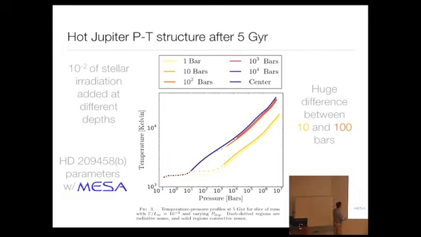What we see in these pressure temperature profiles is that there is a huge difference in how hot you stay. There's a huge difference in whether that heat is deposited at 10 versus 100 bars. This is obviously the critical level.